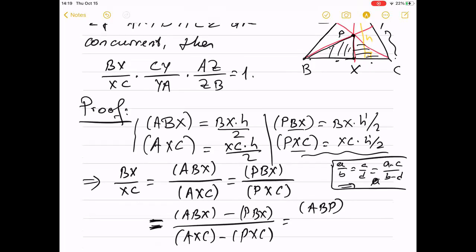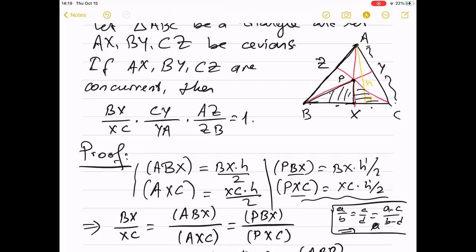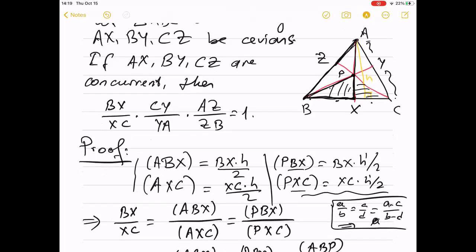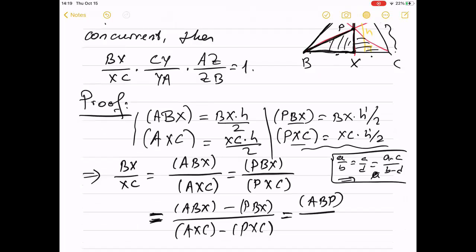That's the first equality, and this equality is that the area of ABX minus the area of PBX is the area of ABP. So this white triangle. And in the denominator, we will have AXC minus PXC, which is CAP.